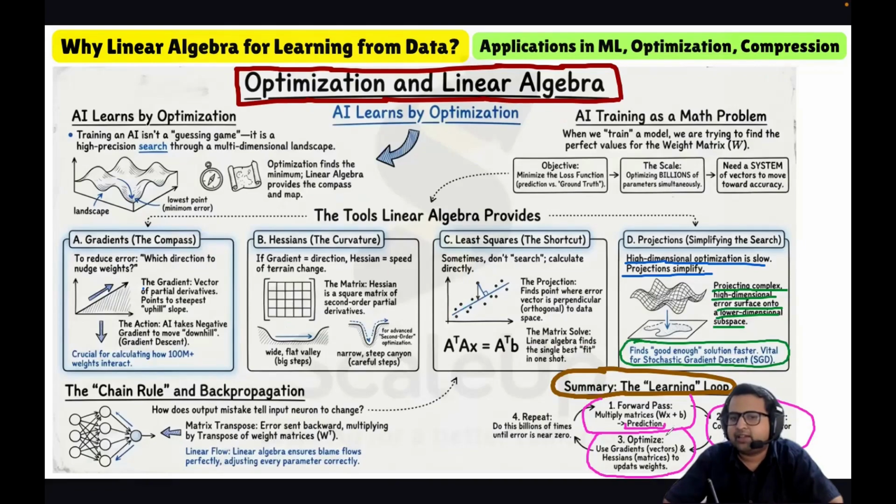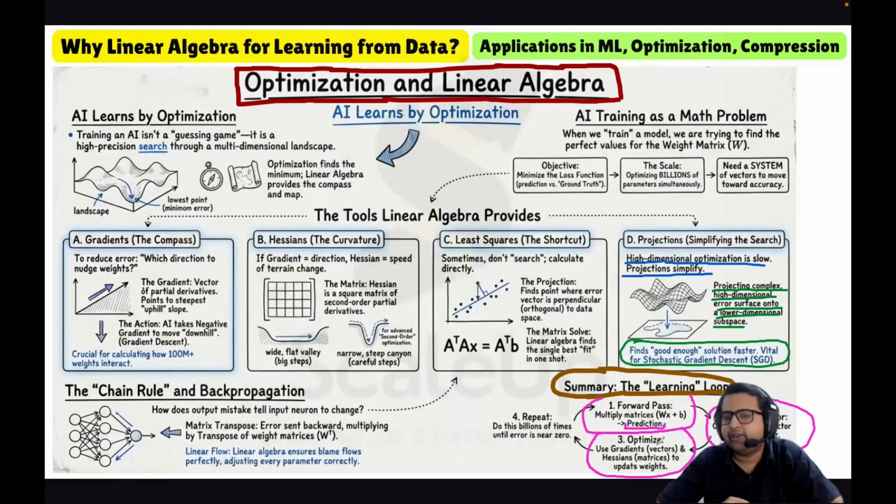To optimize it, we use gradients, which are vectors that tell us in which direction we should move. And we have Hessians, which give us an idea about the curvature, like how big the step should be to update the weights.